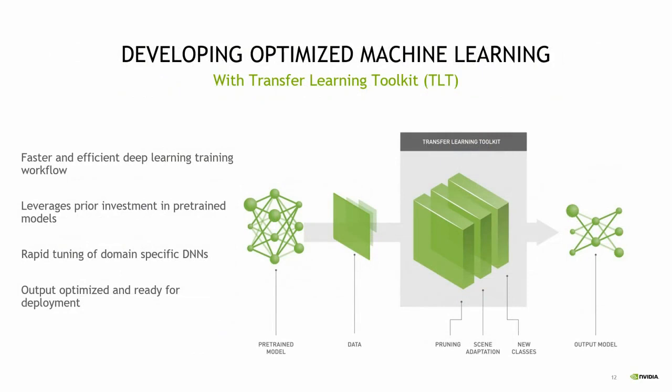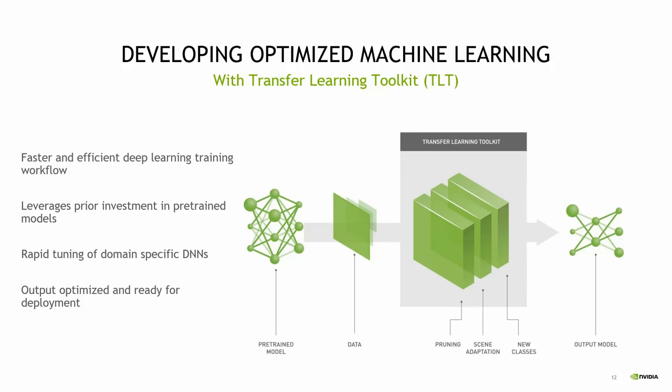Now, a critical piece of the AI deployment is also developing the model. And one of the things that NVIDIA has done is develop this toolkit called Transfer Learning Toolkit, which really optimizes that whole development process. It's much, much faster from a deep learning and training perspective because you start with a model that's already trained, and we give you multiple models that are trained.